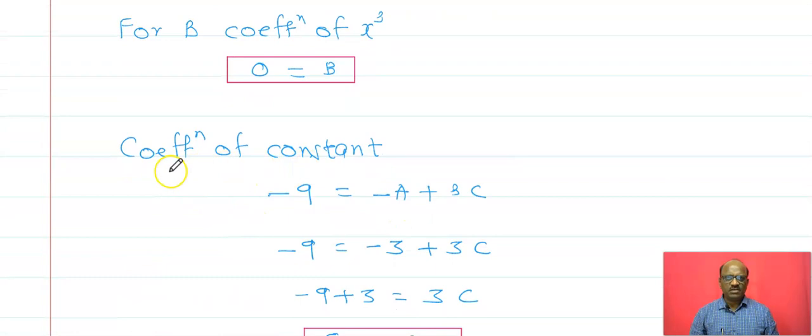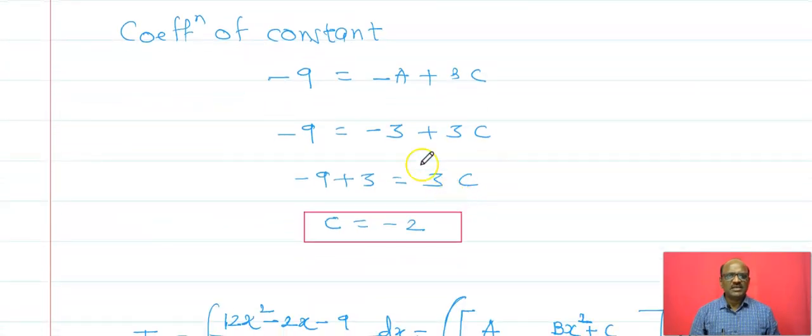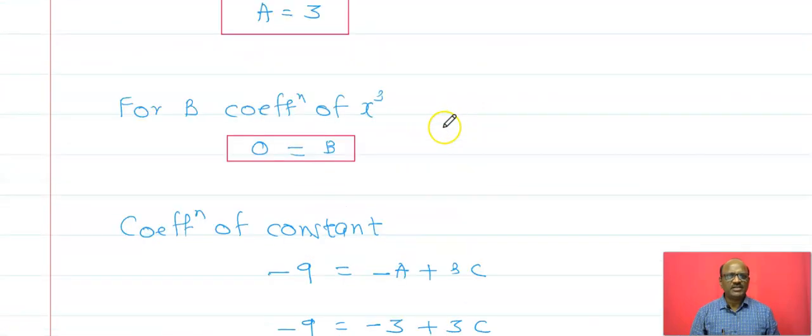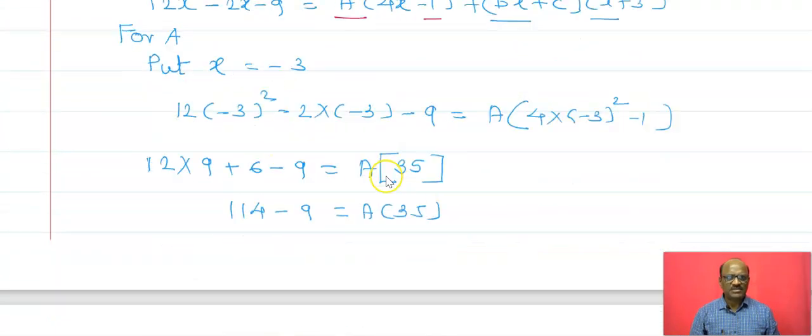Now the constant term. Which are the constant terms? Here it is minus 9. What about here? Minus 1. And the next constant will be minus a plus 3c, and on the right hand side it is minus 1.